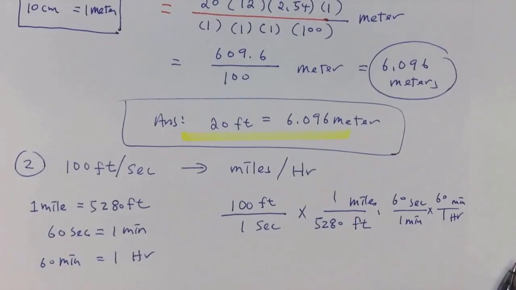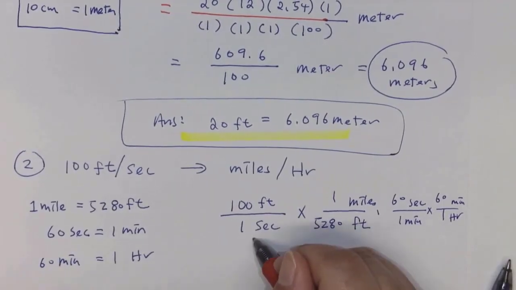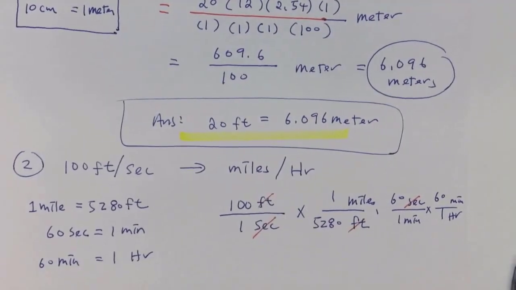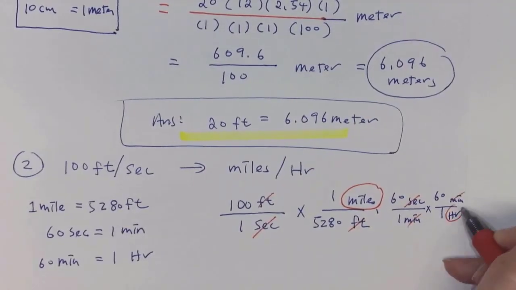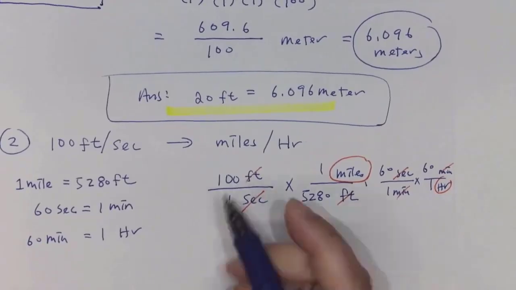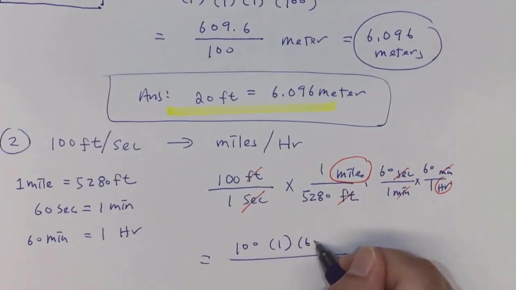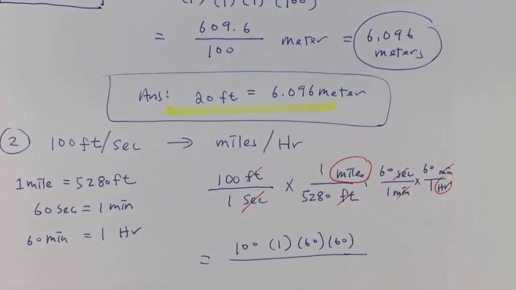So we're going to cancel the things that we don't need. I cancel second. What else to cancel? Feet. I need to keep my miles, right? The minute need to go. I need to keep hours, right? So on top now we have 100 times 1 times 60 times 60, right?